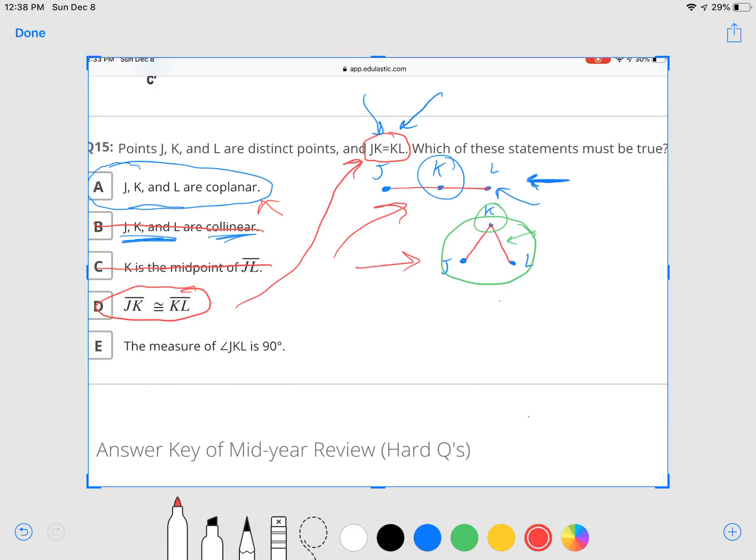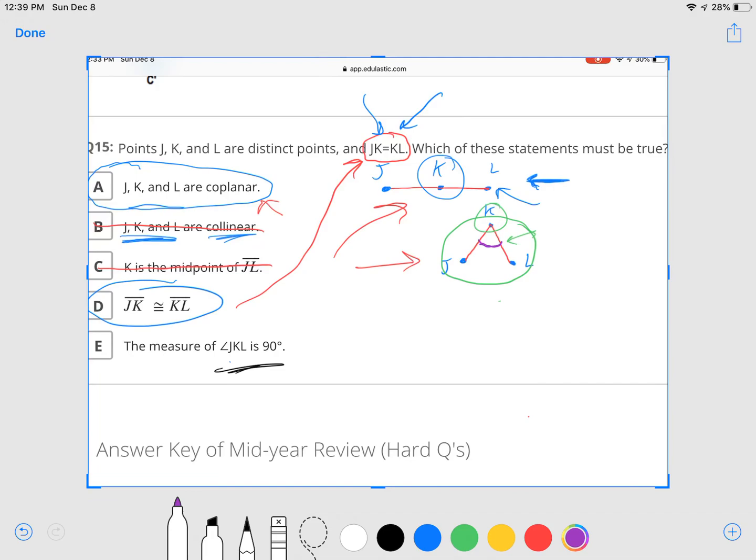Okay, E, the measure of angle JKL is 90. That's not true. Actually, let me change this color to blue. Let me circle this with blue. Be consistent. Okay, JKL is 90 degrees. Well, what was JKL in here? Oh, this is highlighted in purple.